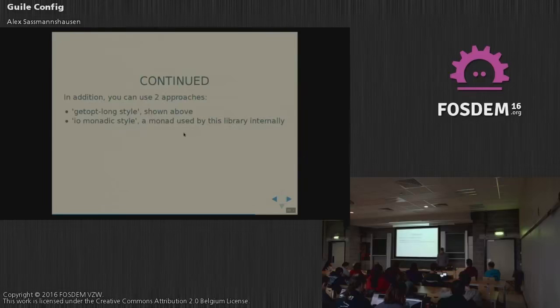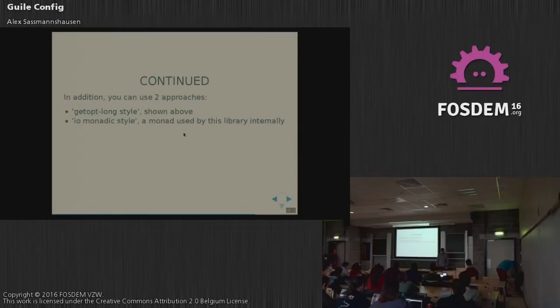And there's also two approaches. I'm experimenting with monads, which is proving painful but also exciting. So I'm using this thing which I call the I/O monad, which is a different style you can use. I showed you the getlong style, which is the standard style.